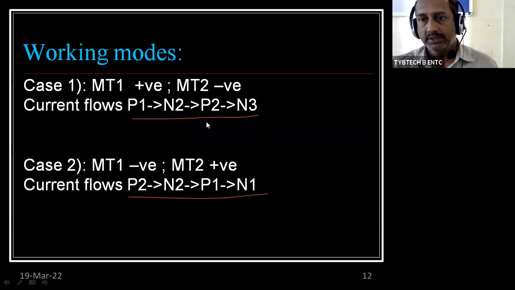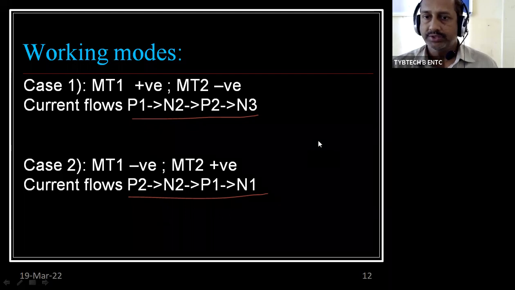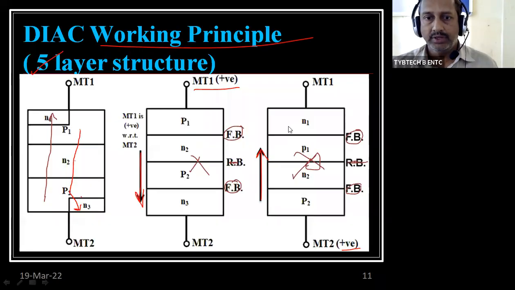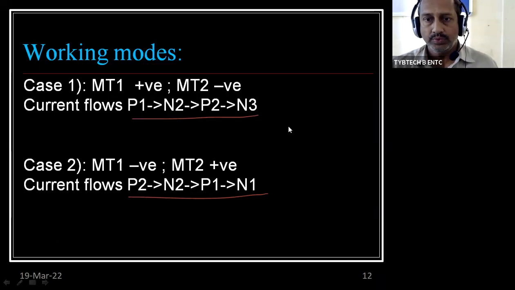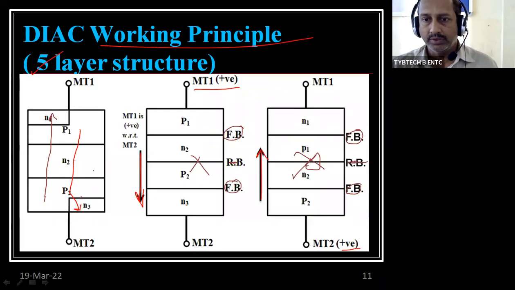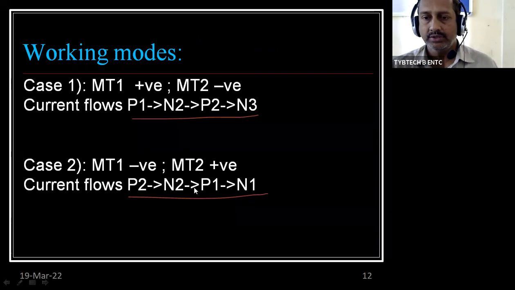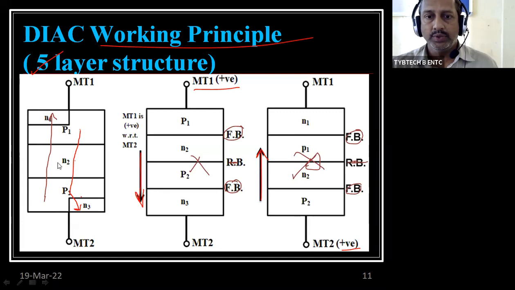Let us see whether the layers you have drawn are matching or not. Just check: it was P1, N2, P2, N3, with respect to this diagram only, these layers are mentioned. And P2, N2, P1, N1, with respect to this diagram only, the path is written.